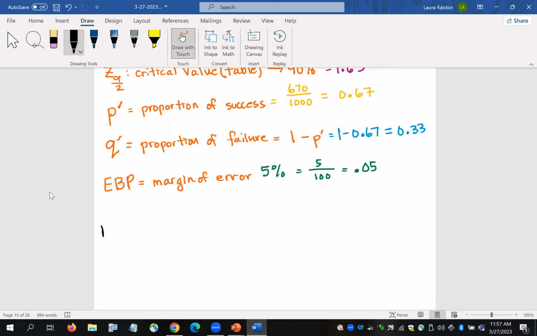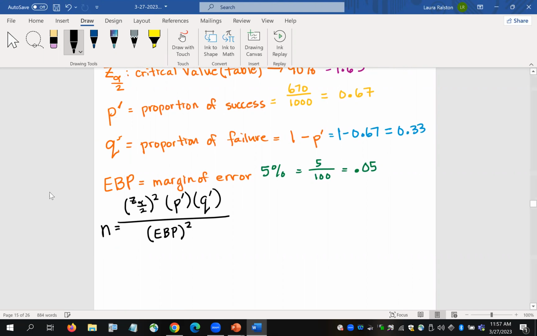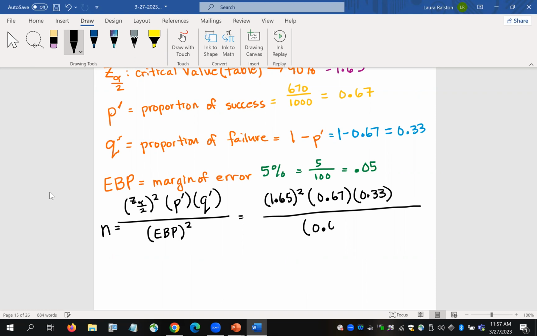So again, we have N equals the critical value squared times P prime times Q prime divided by the error bound for the proportion squared. Plug and chug. So I have 1.65 squared times 67% times 0.33 or 33% divided by the 0.05 squared.